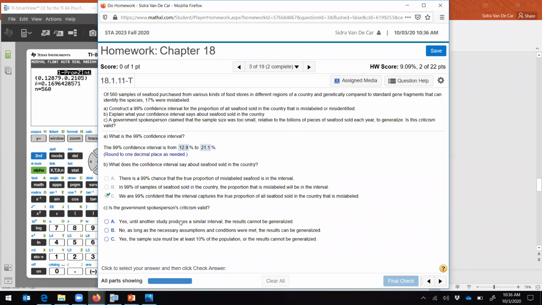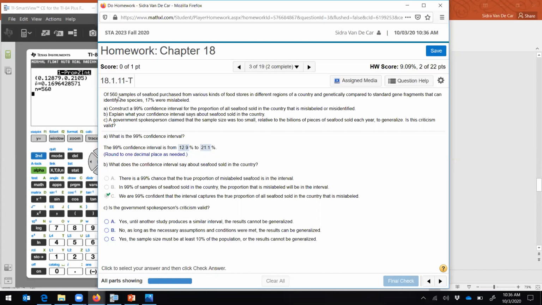Is the government spokesperson's criticism valid? A government spokesperson claimed that the sample size was too small relative to the billions of pieces of seafood sold each year. So I got back 17% of 560 is bigger than 10.